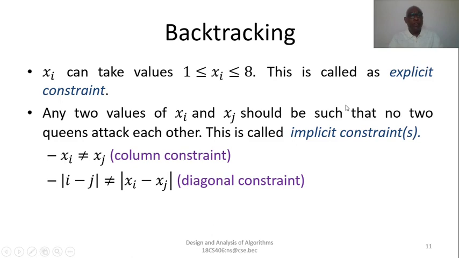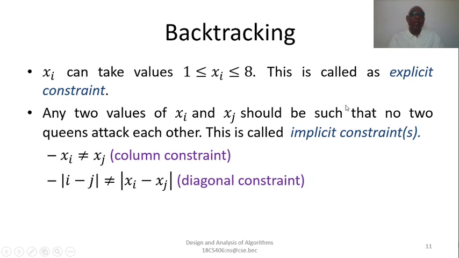The first one is what values xi can assume, and the second one is the relationship between two values xi and xj. For example, in the n queens problem, two values xi and xj should be such that xi should not be equal to xj and the absolute difference of i and j should not be equal to the absolute difference of xi and xj. This is defined as implicit constraint.